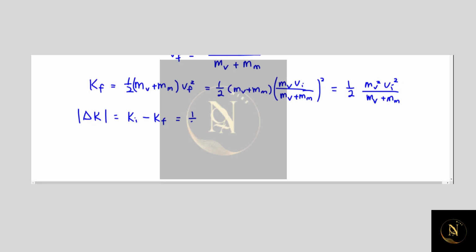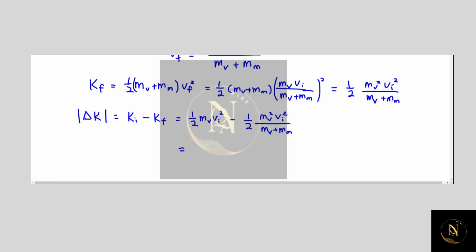So we have half m_v v_i squared minus half m_v squared v_i squared divided by m_v plus m_m.